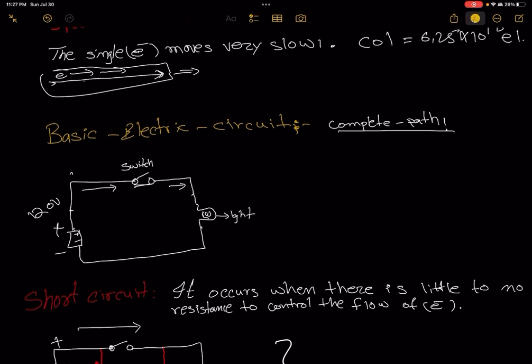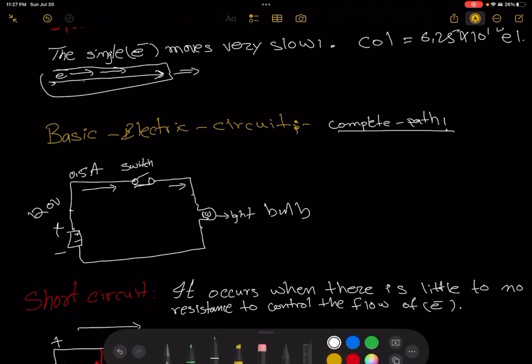Let's say the amperage is 0.5 amp. The 0.5 amp is now flowing, lighting up this light bulb, and we complete the circuit. The moment I break the circuit, there will be no more current going through, and this light will go off.